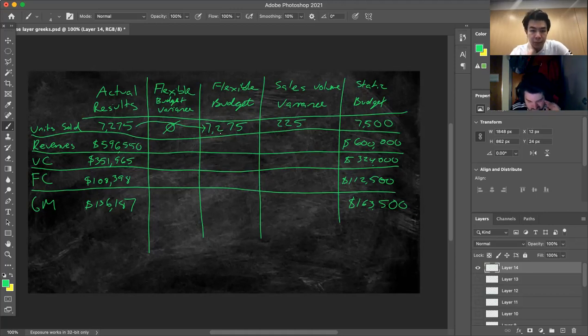For the revenue, what you want to do is take $600,000 and put it over 7,500 and make it equal to X over 7,275, and you need to find X. The reason we can make proportions is because we're converting the forecast, the static budget, to the flexible budget in a proportionate manner.